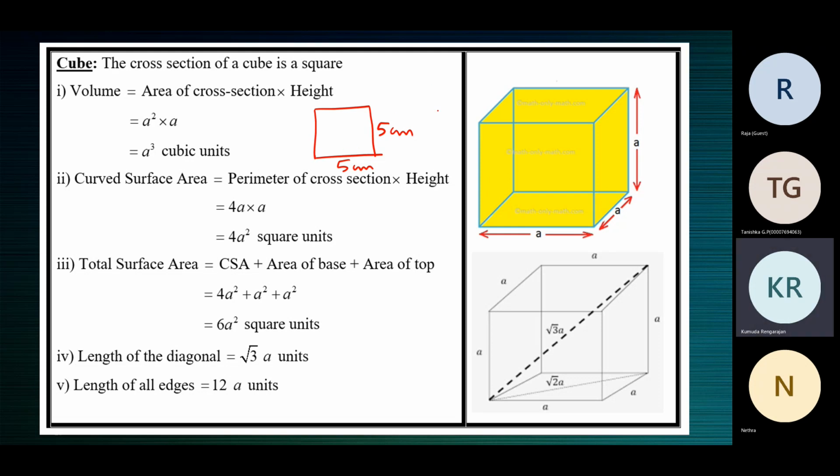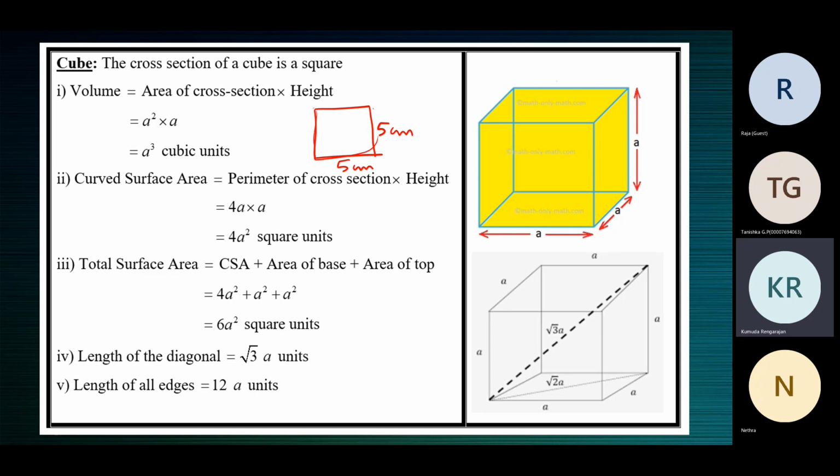You place them one over the other, like you arrange your books in the shelf, you stack them up. To what height? To a height of 5 centimeters, because the length and the breadth of the square is 5. Then the solid obtained is a cube of edge 5 centimeters.